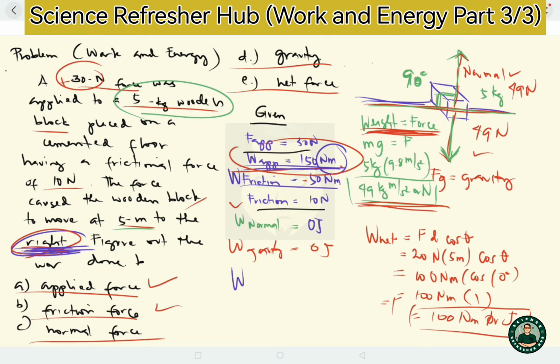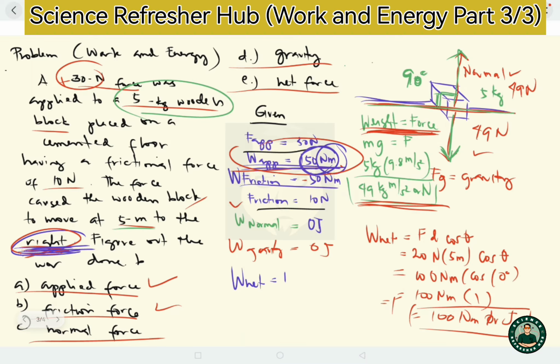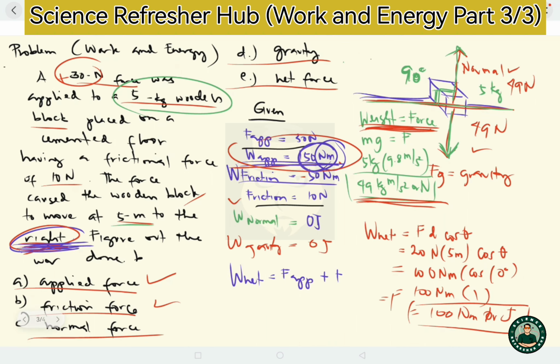Let's focus on the work here. 150, that's the work of the applied force, plus the friction force. If you look at the applied force, its direction is to the right, so that's positive.